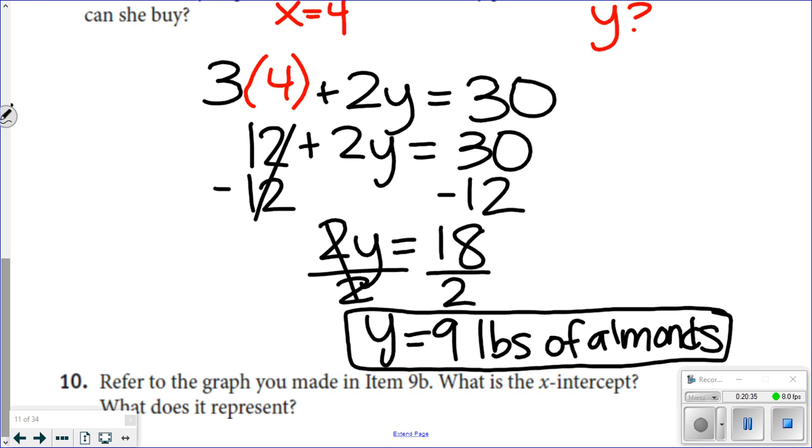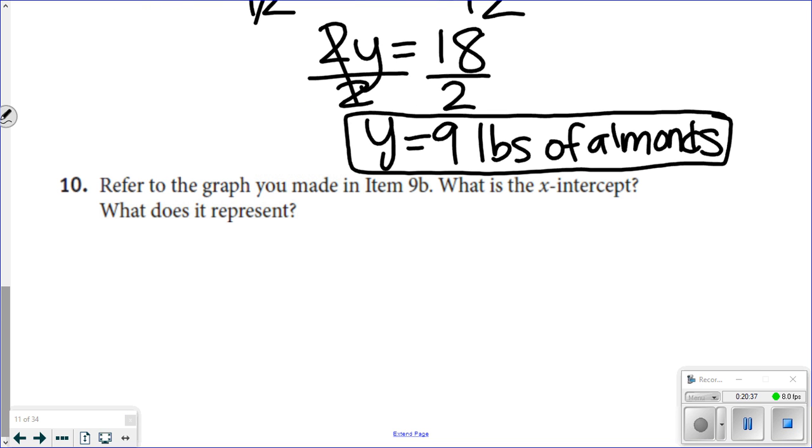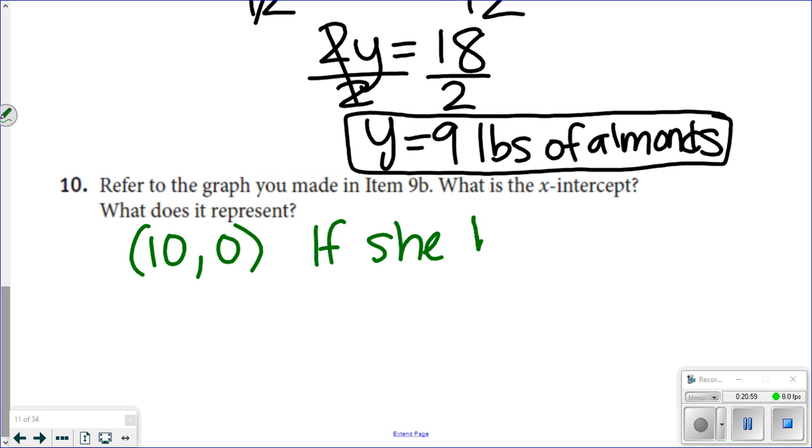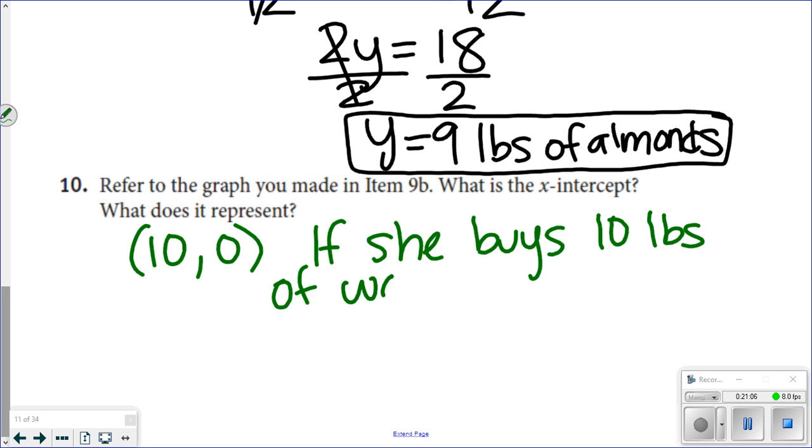Question 10. Refer to the graph that we just made above in question 9b. What is our x-intercept? We graphed it. We found it. Our x-intercept was 10, 0. What does that represent? Well, remember, if she buys 10 pounds of walnuts, remember 10 times 3 is 30.